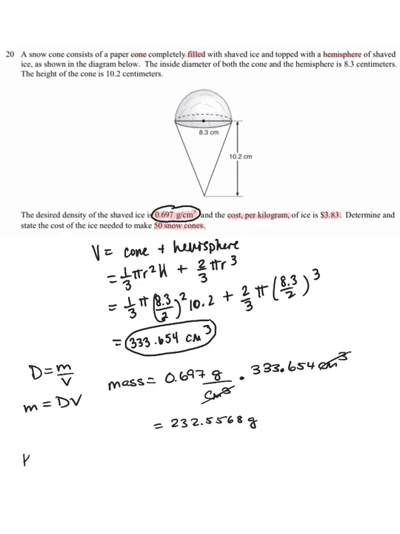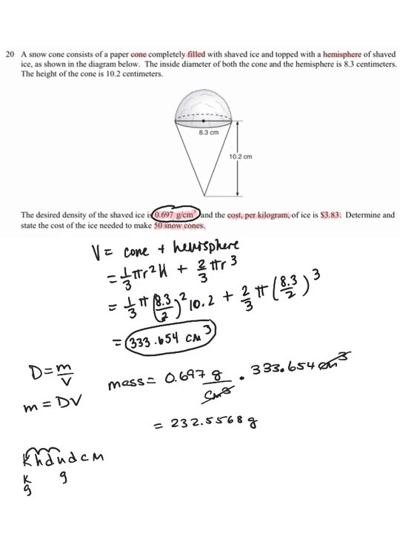Now, do you remember King Henry's dead uncle drank chocolate milk? I need to convert this into kilograms. So when you have grams and you're converting to kilograms, you have to move your decimal to the left 1, 2, 3 places.